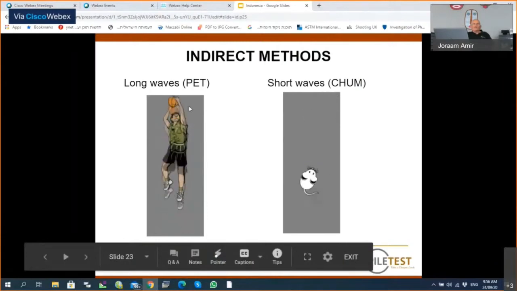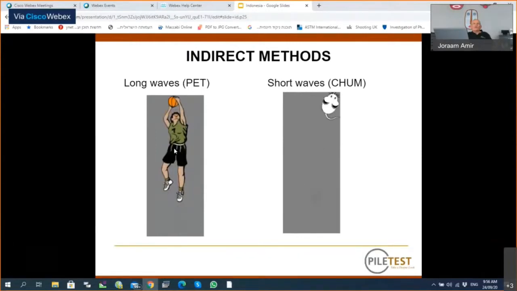It can move only in one direction, either up or down. The short waves, or the ultrasonic waves, can behave like a mouse. They can go up and down, sideways, in all directions. So we have two kinds of indirect methods, the long waves and the short waves.